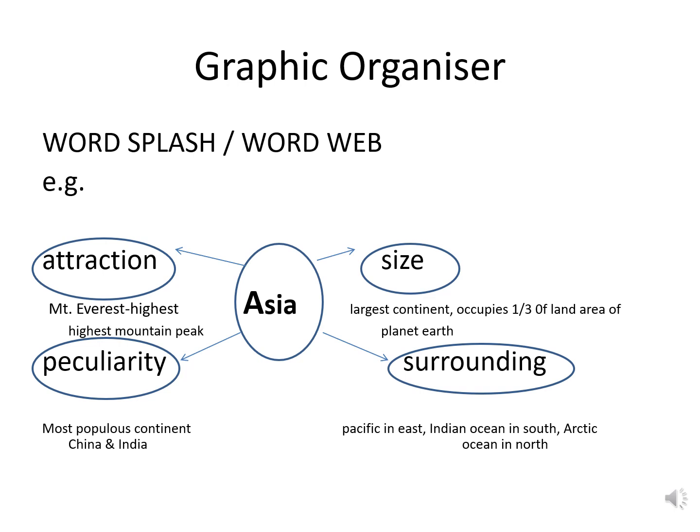So this is how, in a very short technique, you can remember at least 5 to 6 points about Asia and jot down a short note. Or if any question is asked on it, you can answer the question very easily.